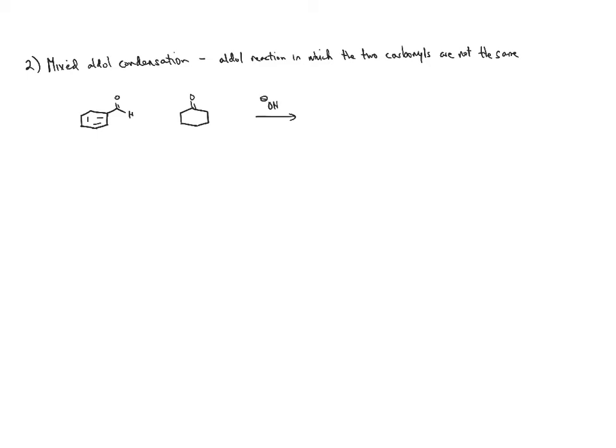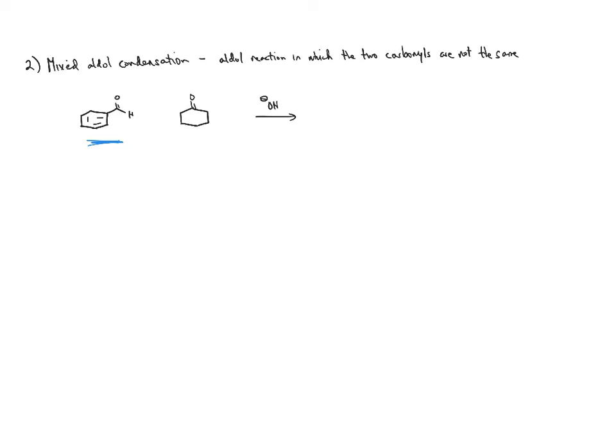Now, the reason why this is a variation on the first is that if we had two carbonyl species that both had enolizable protons, we could get a mixture of products. And so to overcome this problem, we have the mixed aldol condensation, in which one of the two reactants, this aldehyde here, cannot form an enolate at all. Right?